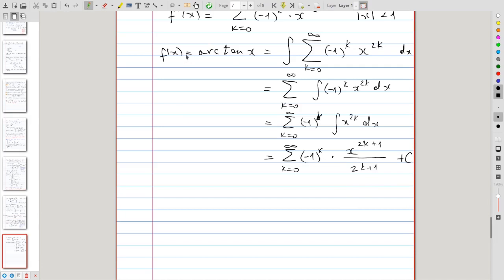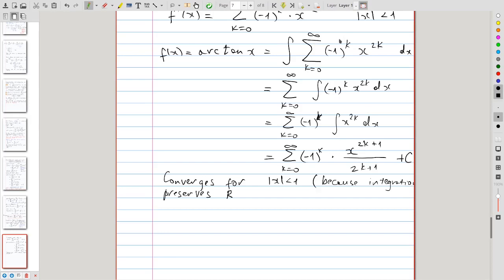Great. So this is the power series representation for inverse tangent of x. It converges for absolute value of x less than 1, because integration preserves the radius of convergence, right?